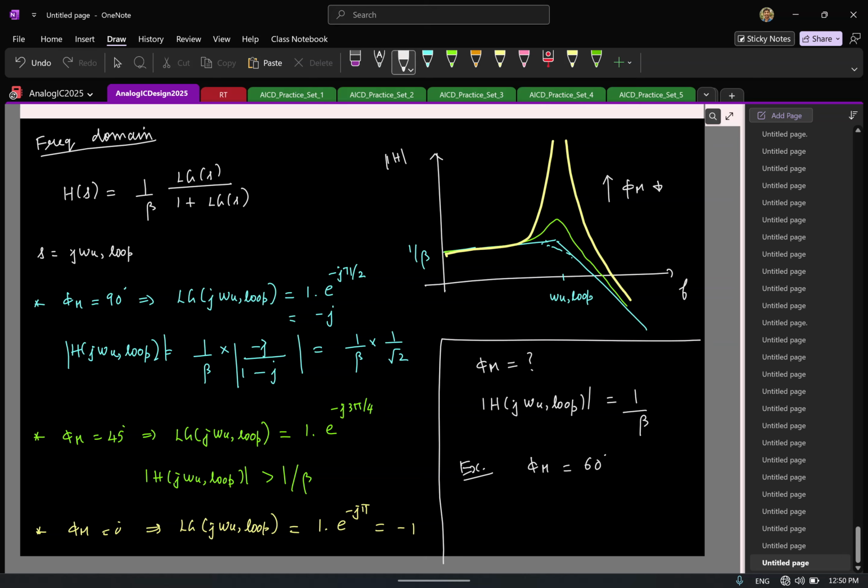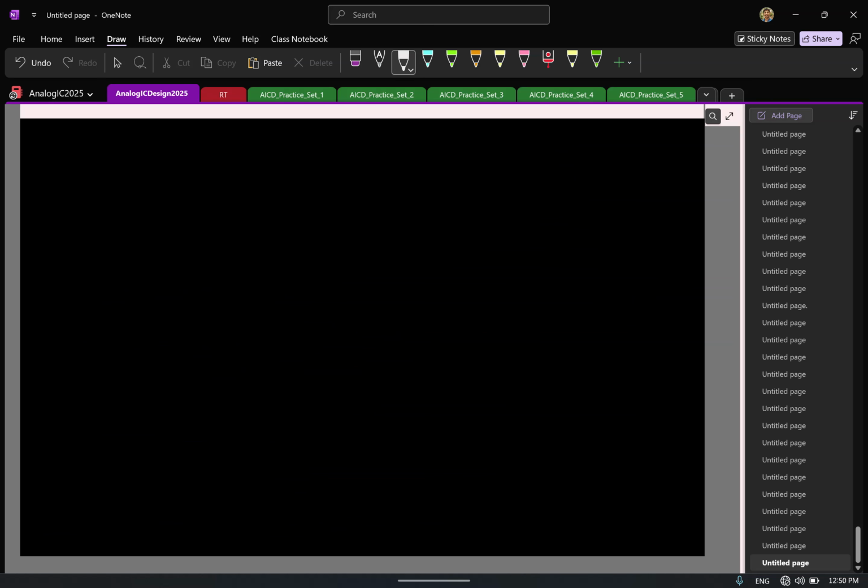Let's try to use this understanding and try to see what will happen to our multi-stage OTA, because that is our prime goal, designing multi-stage OTAs. So let's take a two-stage OTA for example. Let's say this is the first stage. It has an intrinsic output conductance and a capacitance C1, and I have the second stage here.